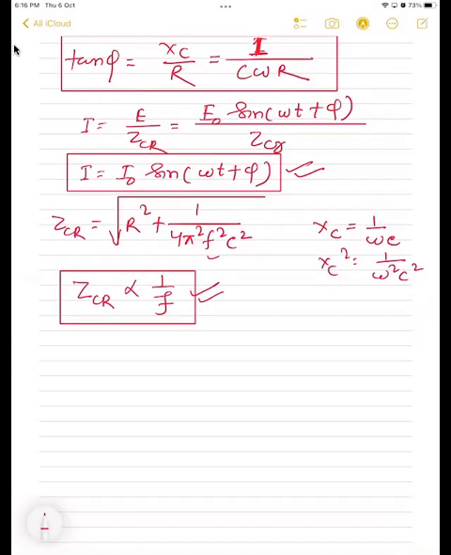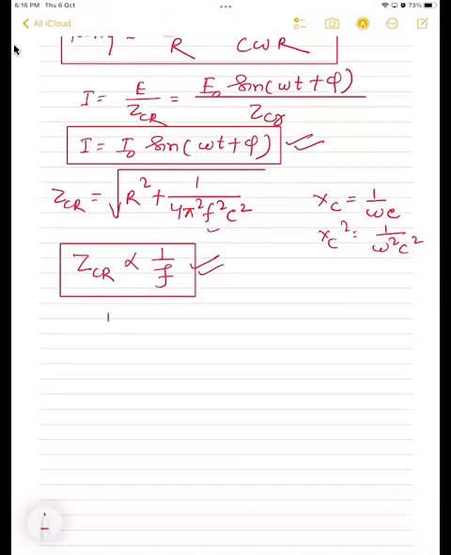And for low frequency, if frequency is very low, the whole circuit becomes DC, right? So Z is going to be how much? Infinity, correct? So the capacitor blocks the flow. And tan phi is equal to 1 by omega C into R, where omega is 2 pi F, so 1 by 2 pi F into C into R, right?